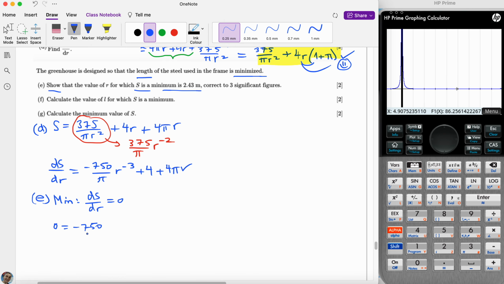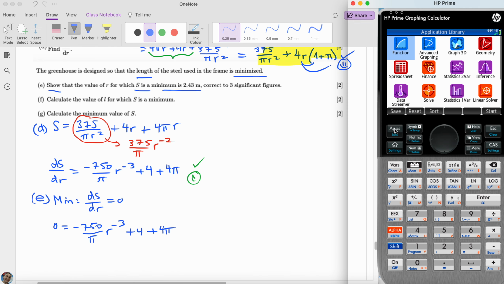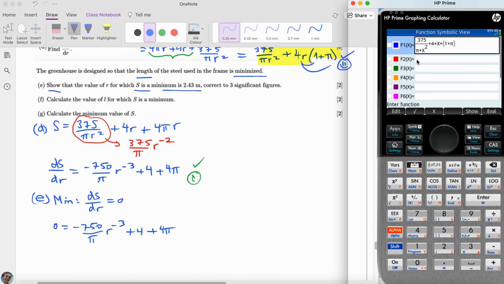So minus 750 over pi, and so on, we need to solve this. This is a check mark, by the way, not an R. Okay, and then this is 4, and then this is 4 pi, okay? So what we can do is let's just graph this.